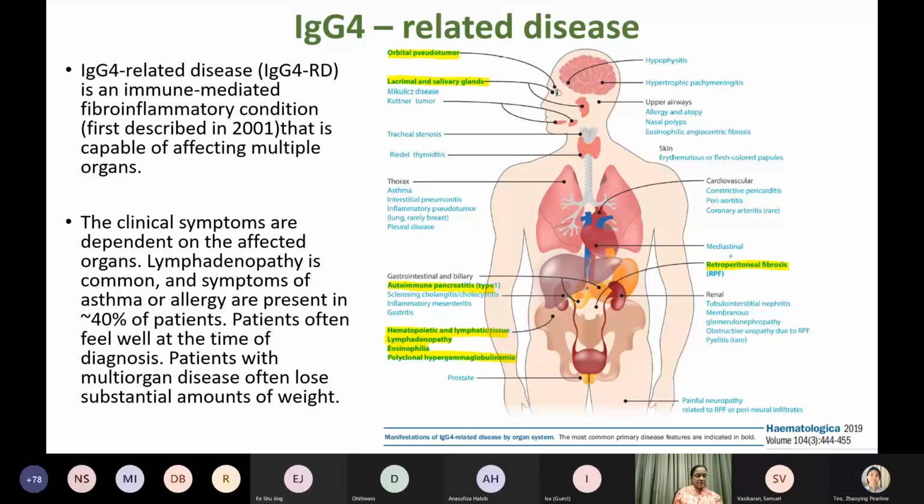Clinical symptoms are dependent on the affected organ and sometimes could be very non-specific. Some patients present with lymphadenopathy, sometimes with symptoms of asthma or allergy, or sometimes patients present with autoimmune pancreatitis.